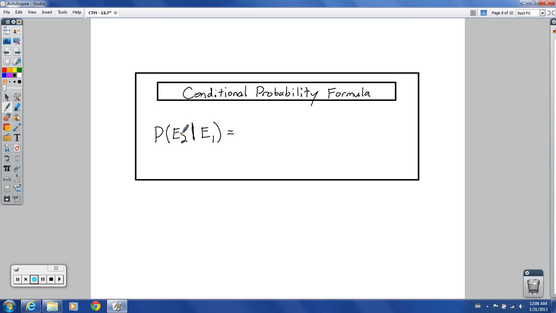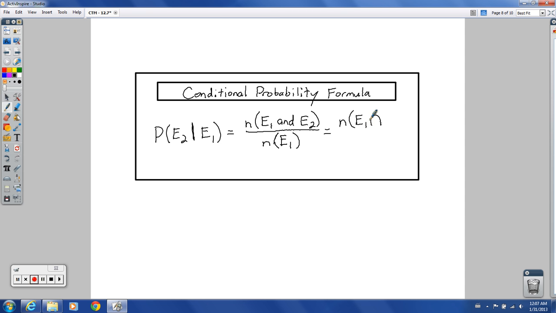So the probability of event 2 happening given event 1 is the number of things you have in common, or happening in both of those things, divided by the number of things happening in the given part, the event 1 part. Another way to write this is using the set notation that we learned before.